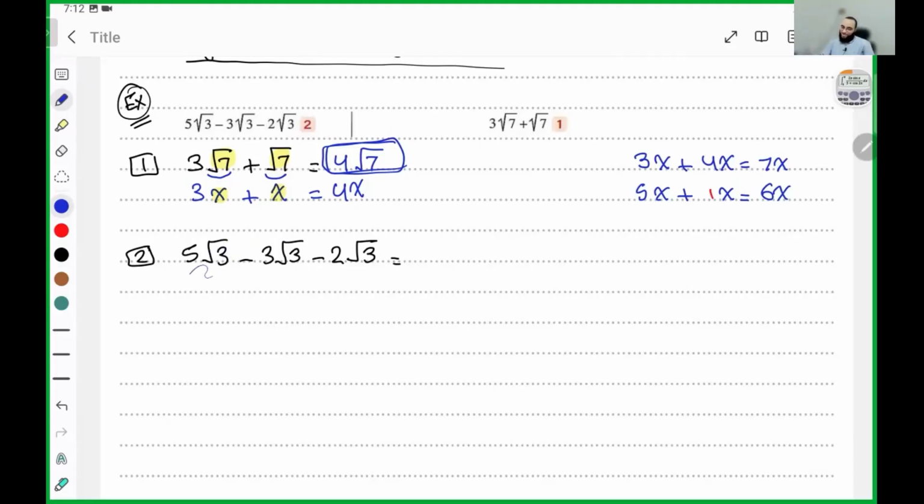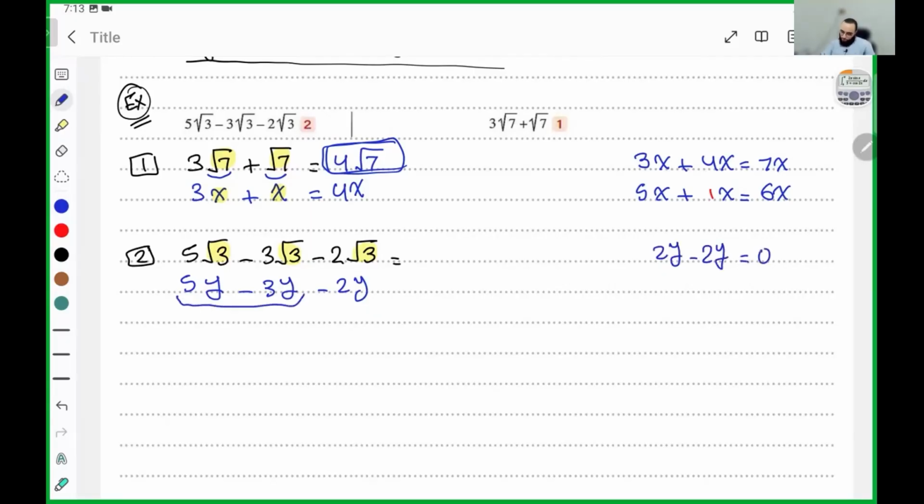Also, it's something like that: 5y, for an example, minus 3y minus 2y. All of them are similar roots because all of them end with root 3. Then they are similar real numbers. 5y minus 3y equals 2y. 2y minus 2y equals 0.